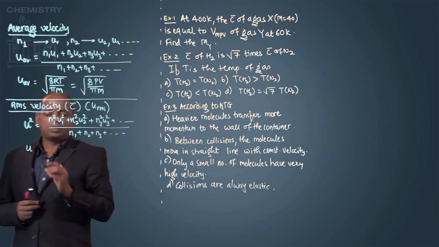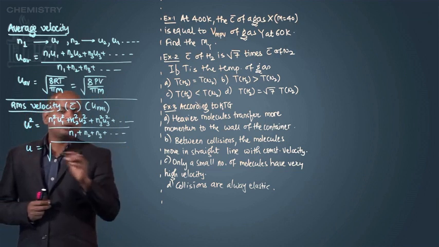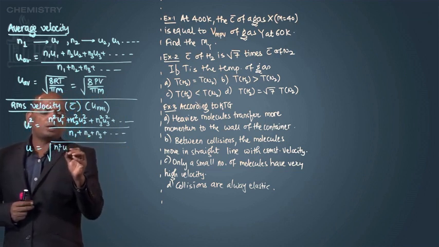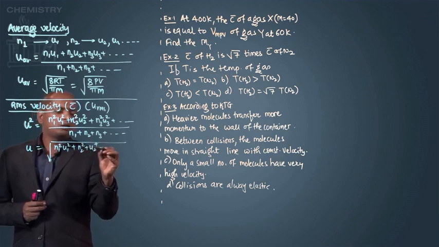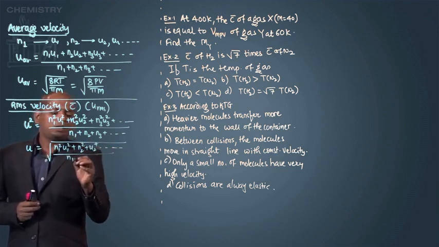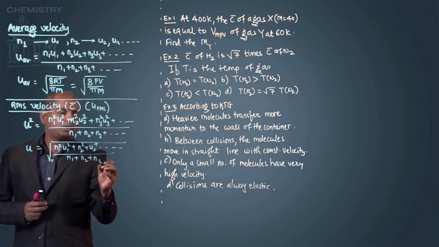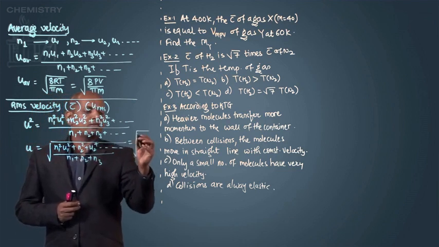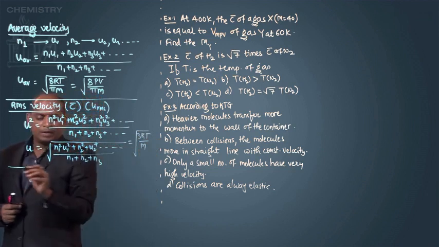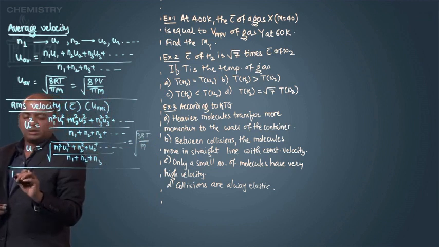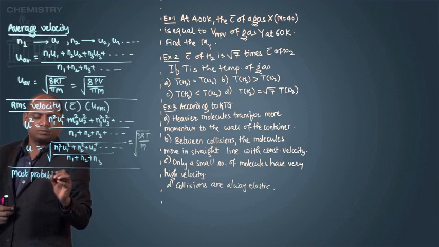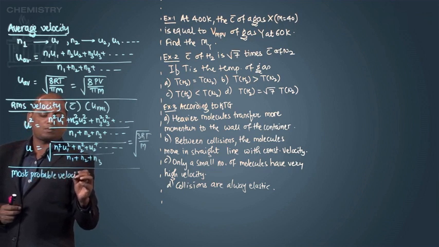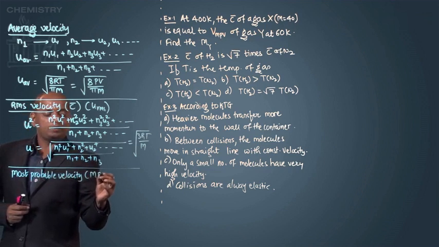So if you take the square root, u is equal to the square root of all this part, n1 u1 square plus n2 u2 square and so on, divided by n1 plus n2 plus n3, and just now we have derived this as square root of 3RT upon m. And most probable velocity, that is MPV.